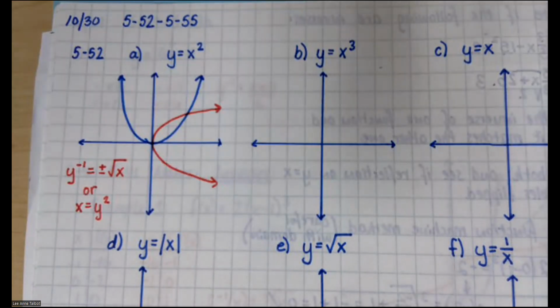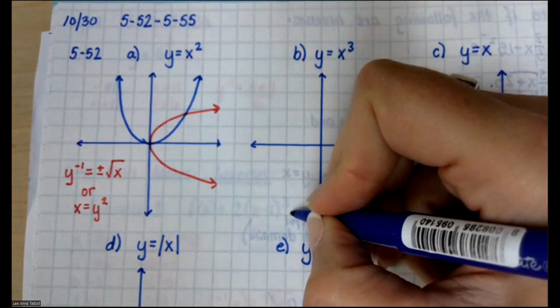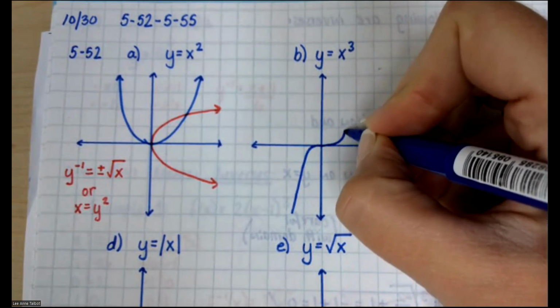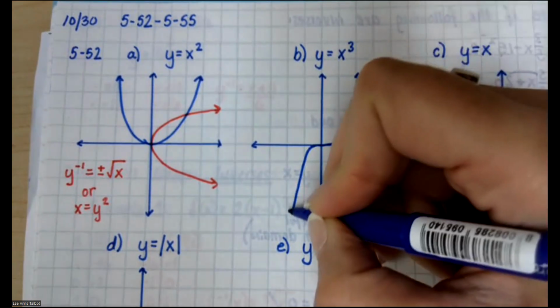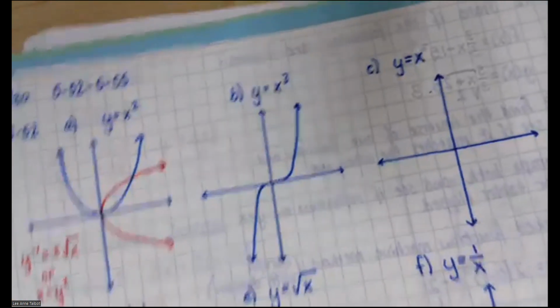Okay, next one, cubic. Okay, what does a cubic look like? This is a really good review. Goes up, flattens out at the origin, goes up again. This is the one that Mrs. Talbot really doesn't like to draw. So I'm going to do my cheat.